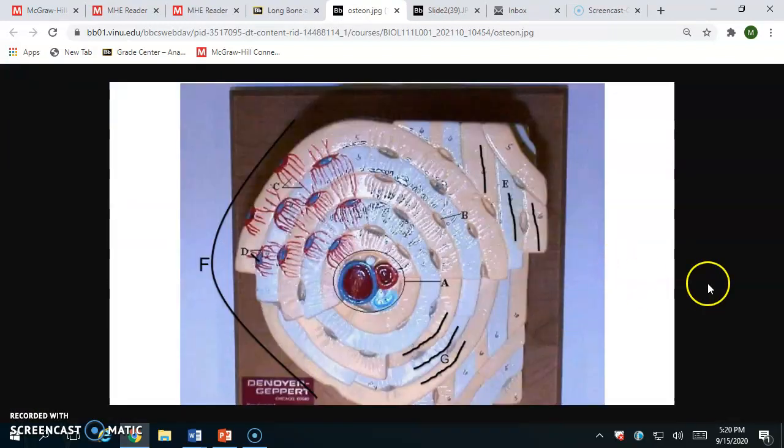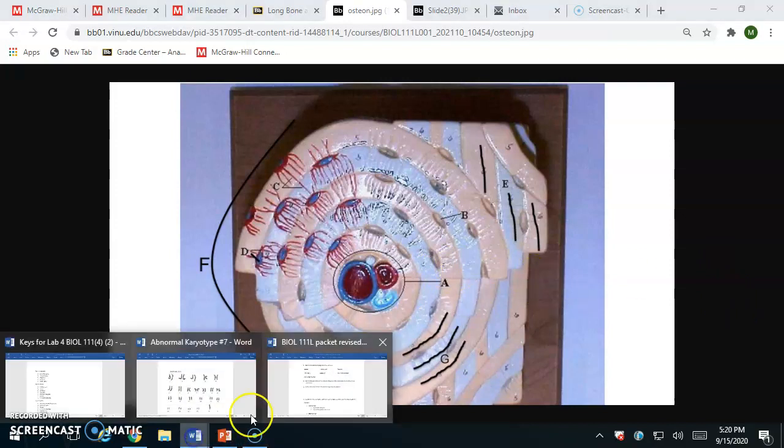So it definitely doesn't look like the microscopic picture that we just looked at, but hopefully you can appreciate that we have this circular structure and we're looking end on at it. This model is representing one osteon, and there's a start of another one, but you can see this whole full osteon, and it has the structures marked, and you'll have a key for those too. So that is where you can find the information for the osteon.